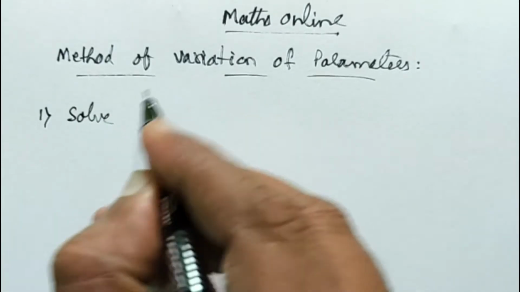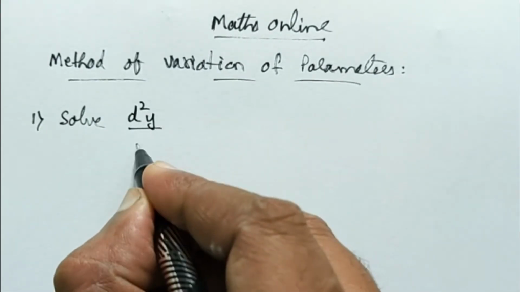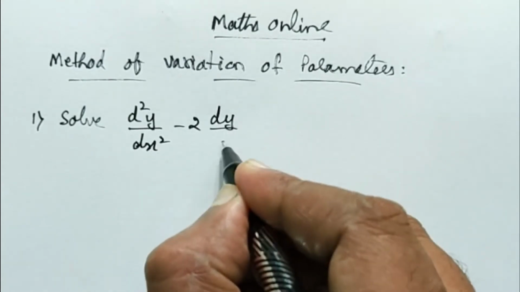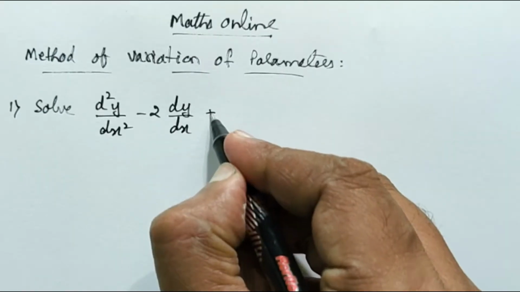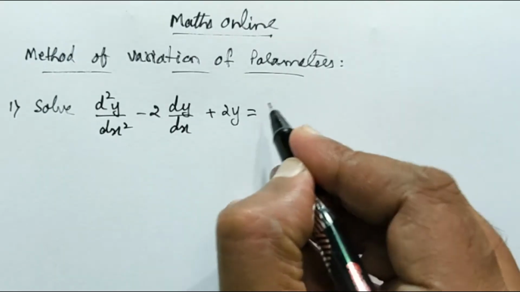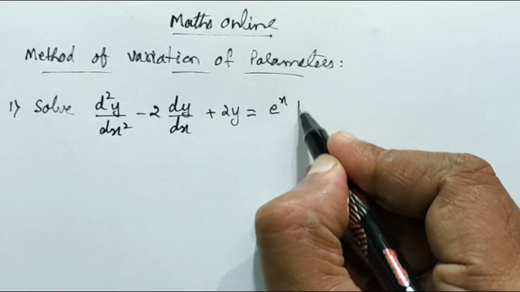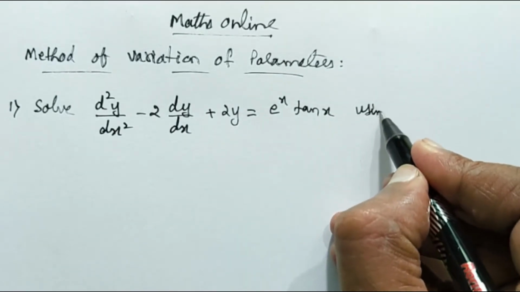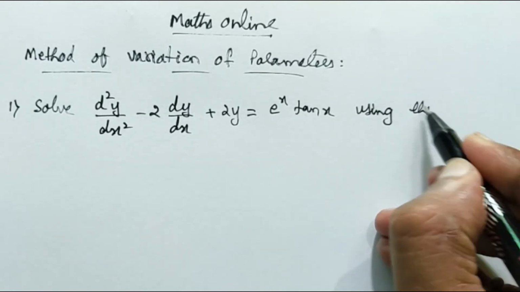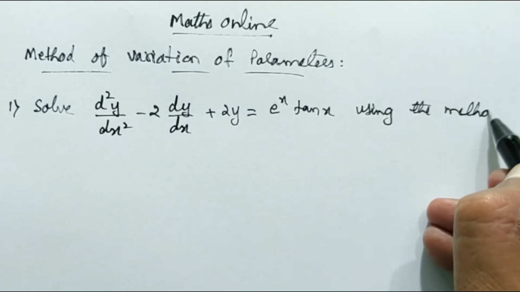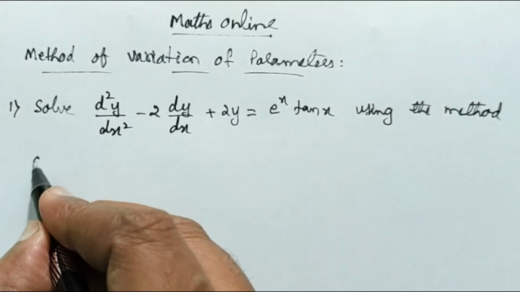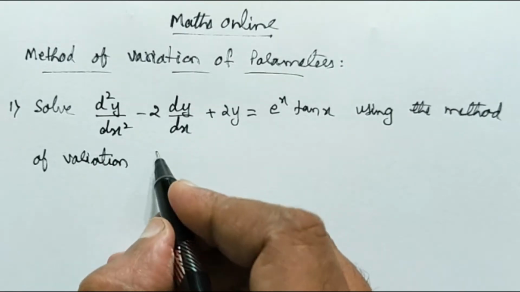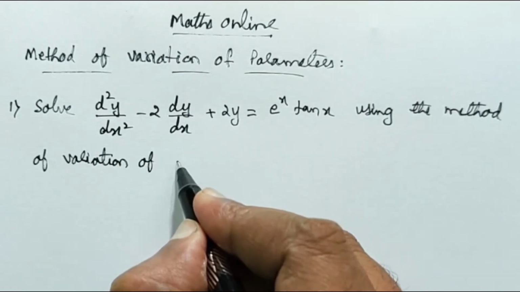Solve d square y by dx square minus 2 times dy by dx plus 2 times y is equal to e power of x into tan of x using the method of variation of parameters.